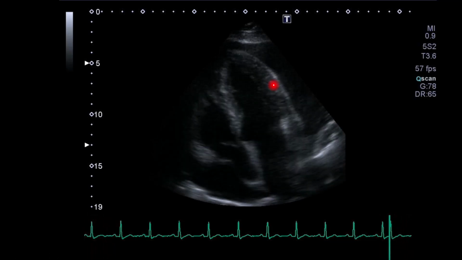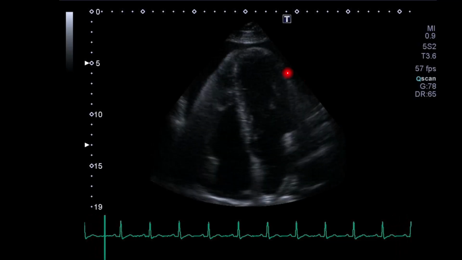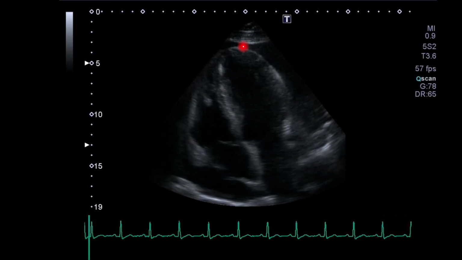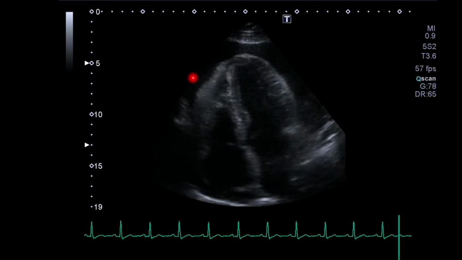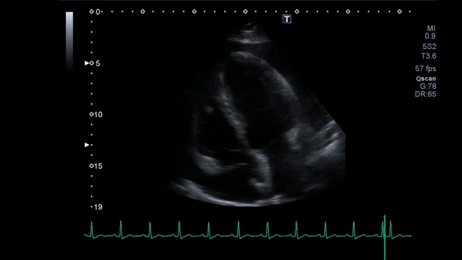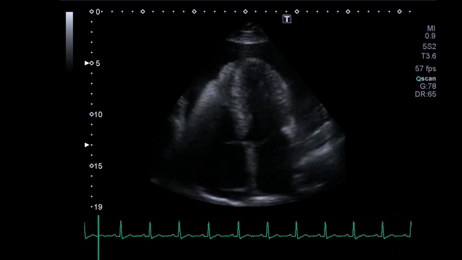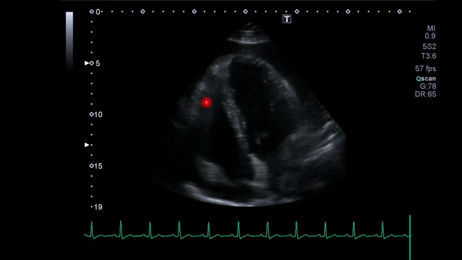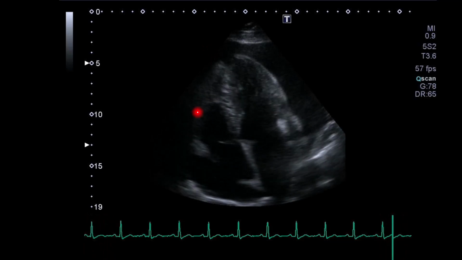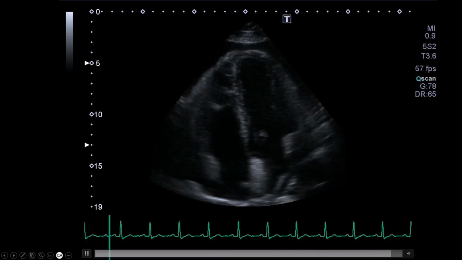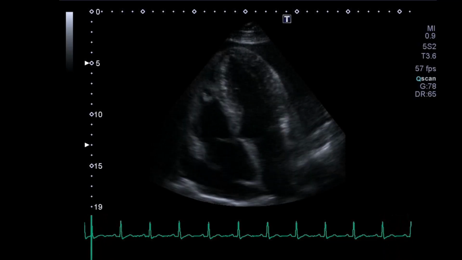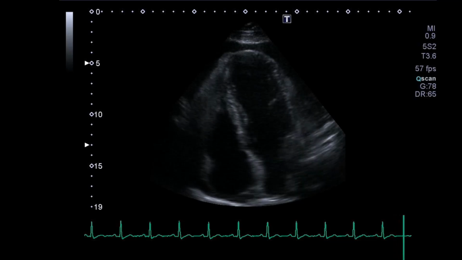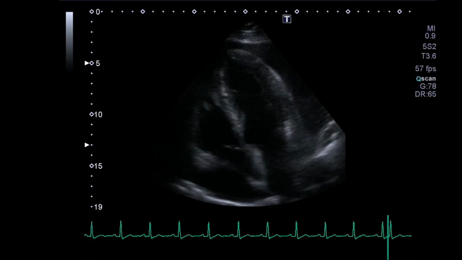We have a larger effusion laterally, then a little less effusion upwards, and a little more here on the side. Of course, this is always a bit optically deceptive due to the curtain of reverberation artifacts, as I call it, coming in here. We don't see the free wall of the right ventricle as well as we might visually imagine.